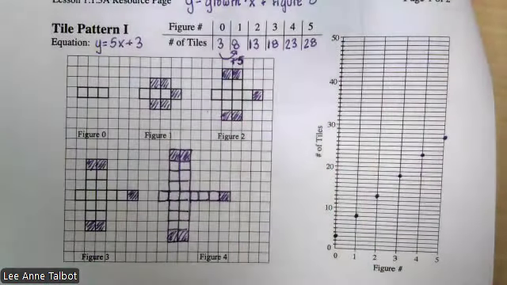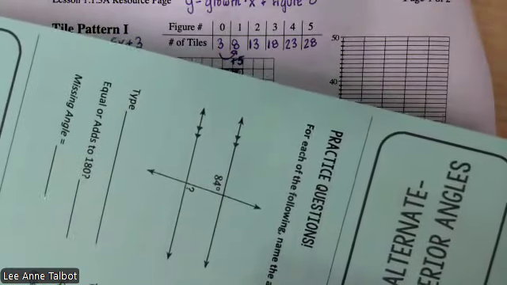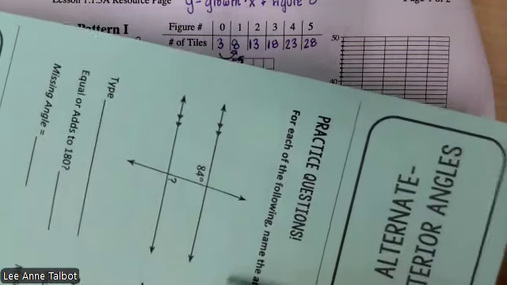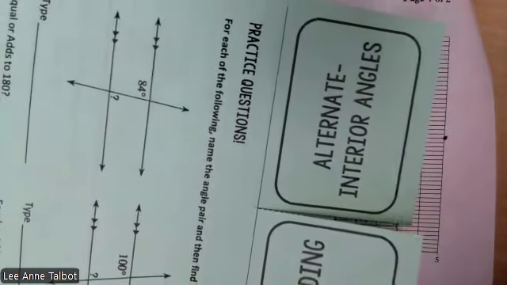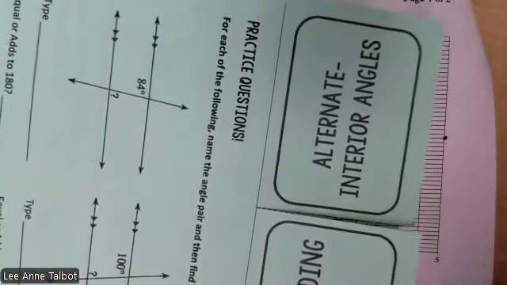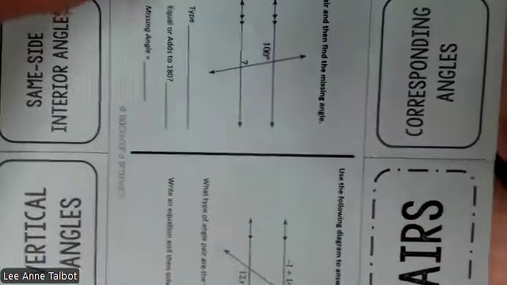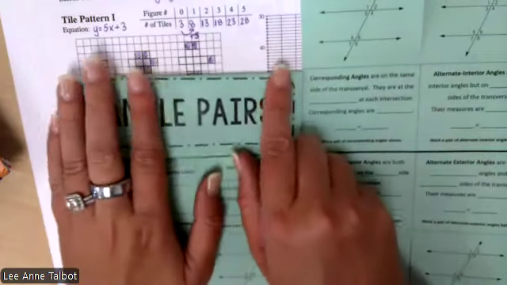If you see somebody at your table that's still doing their tile patterns, you could help them out by cutting. Okay, so the only things I cut were the little flaps. And the little flaps should fold down like this.